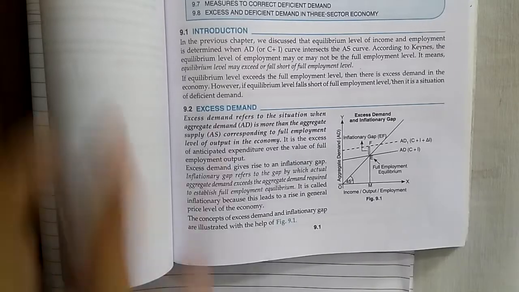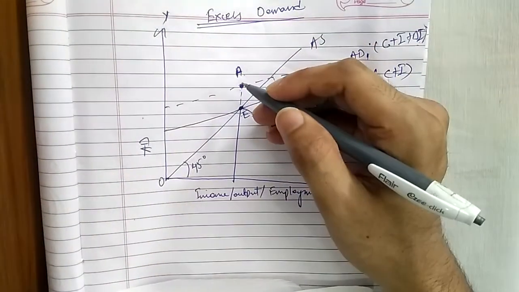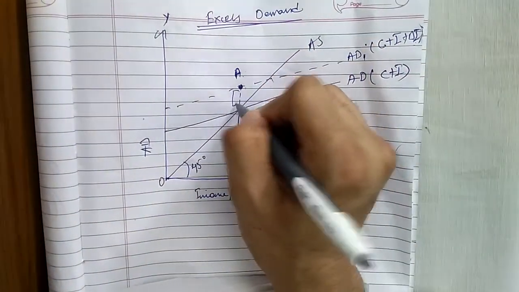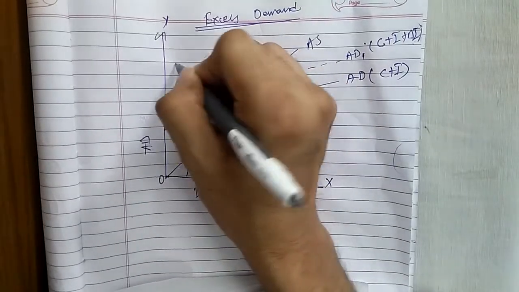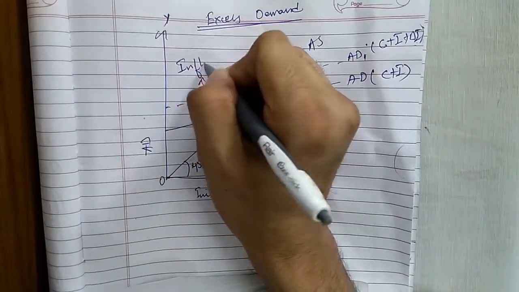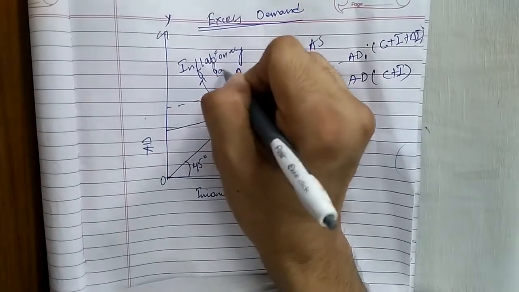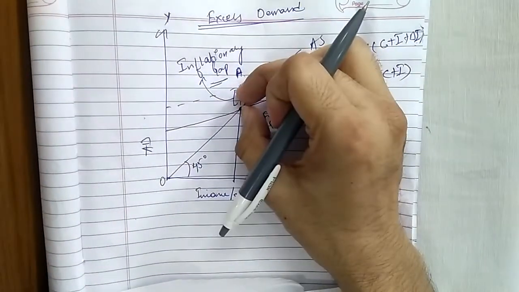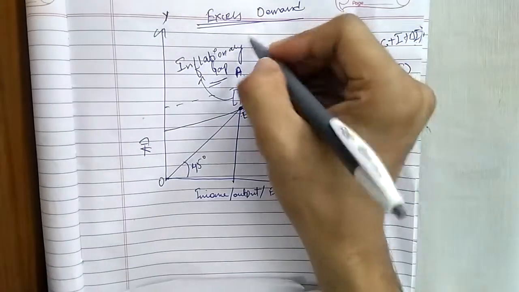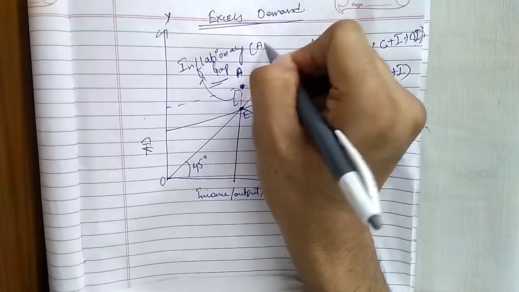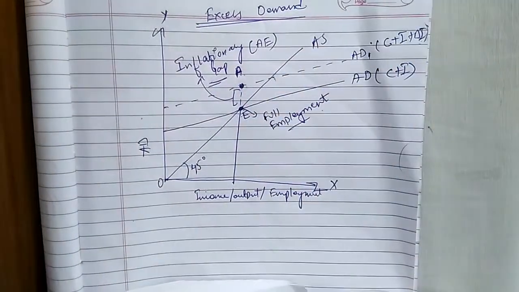That's it. This is the inflationary gap, from A to E.